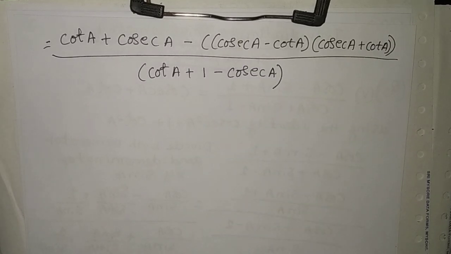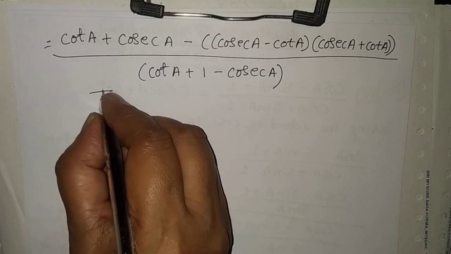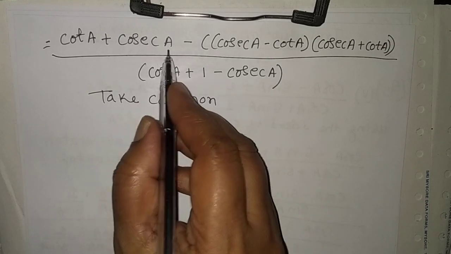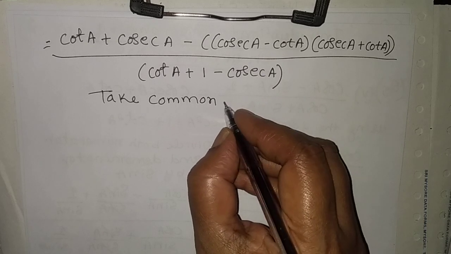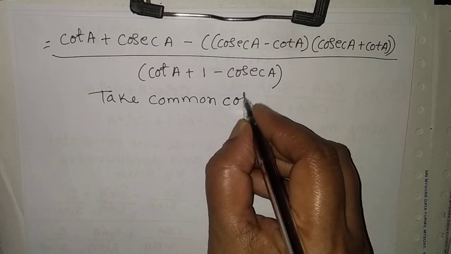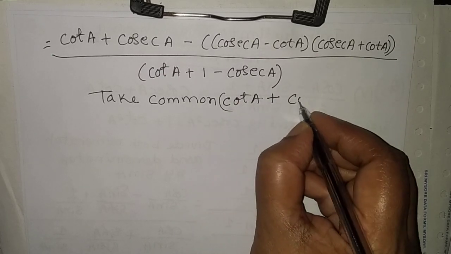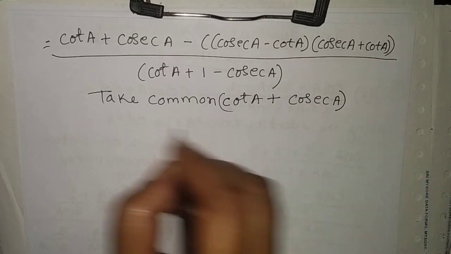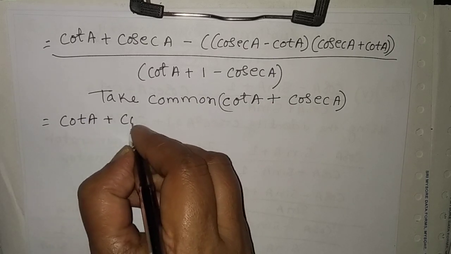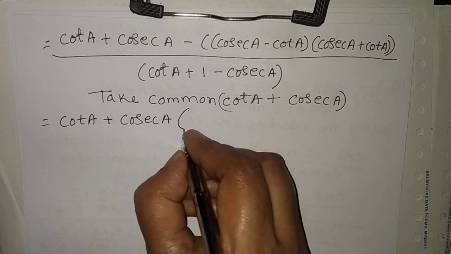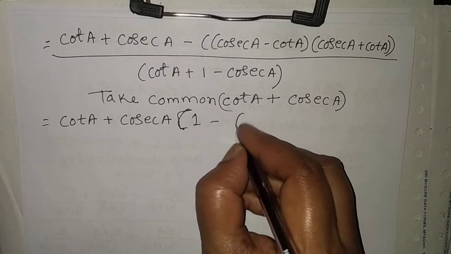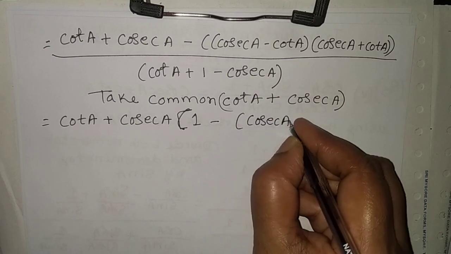So next step, take common. What is common here? Cot A plus cosecant A. So take common cot A plus cosecant A. Then inside the bracket we have 1 minus, what's remaining here, minus (cosecant A minus cot A).